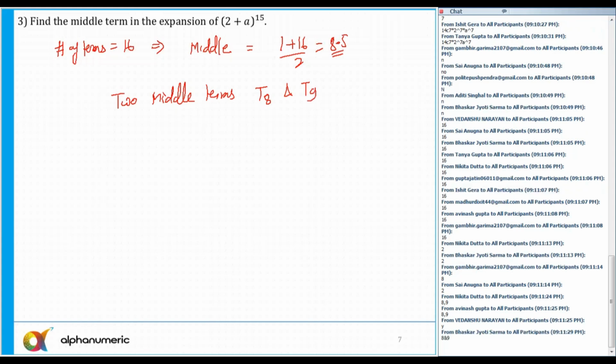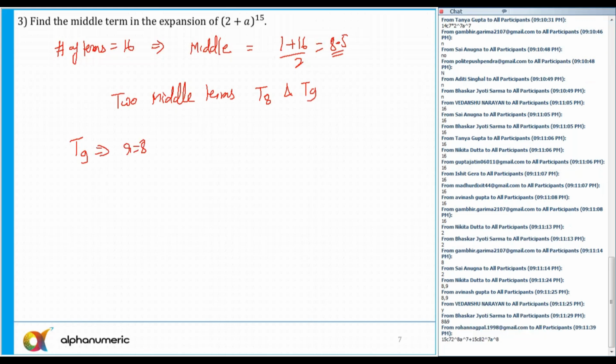Okay. So what is T9? For finding T9, R must be equal to 8, isn't it? So for the T9 term, it is equal to 15C8 into 2 raised to power 8 into a raised to power 7. Is that clear to all of you?